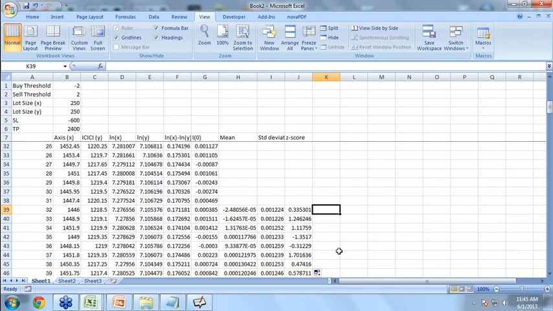So what we'll be doing is putting in a buy threshold. So these are the parameters. Like buy threshold is minus 2 times sigma. So that is 2 standard deviation away. If it is below 2 standard deviation, you would like to buy. In a normal distribution, 2 standard deviation covers almost 95% of the traded values.